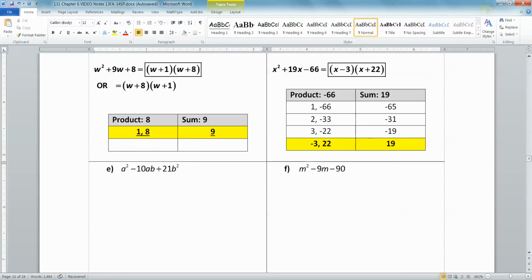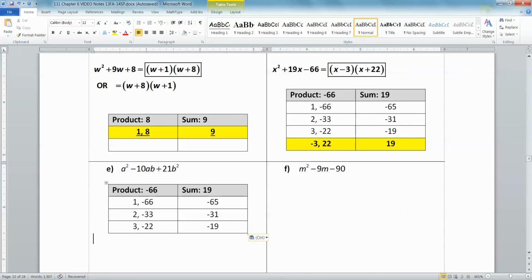Let's see here. So I've got a squared minus 10a plus 21. So I need the product to be positive 21, but I need the sum to be minus 10. Okay, so let's see. What goes into 21? 1 and negative 21, that would make negative 20.